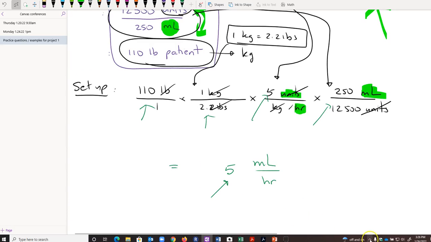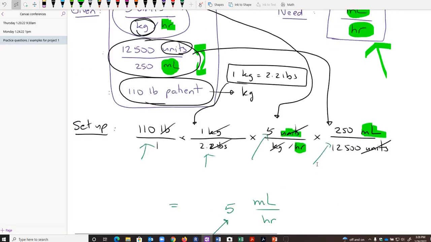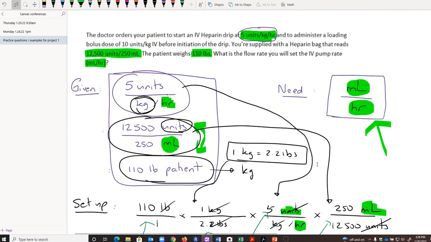When you're going through these questions in the project, hopefully you've seen that my approach in all of these examples is systematic: listing what you're given, whether it's a number or a weight, or an actual relationship, an equality or a conversion factor, and then listing what we need to get to.